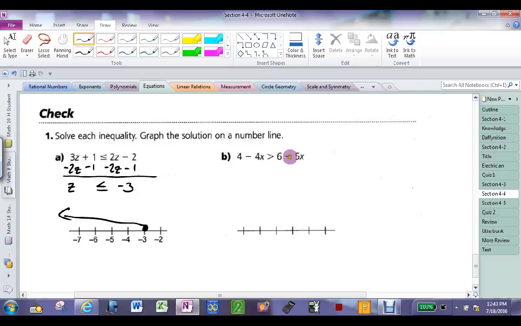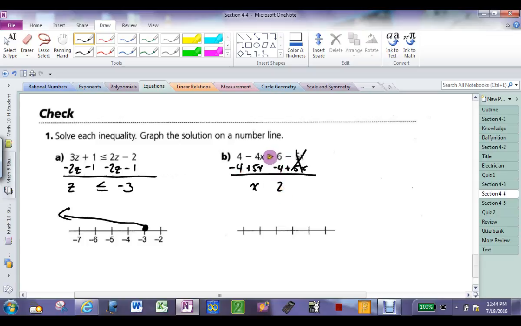So this guy's moving. I see, subtract 5, so what do I do? Add 5. On negative 4x too. So that means they're going to disappear. This is going to be positive x. Is this number allowed to be here? No. So what do I do? Get rid of it. Subtract 4. 6 minus 4 is 2.